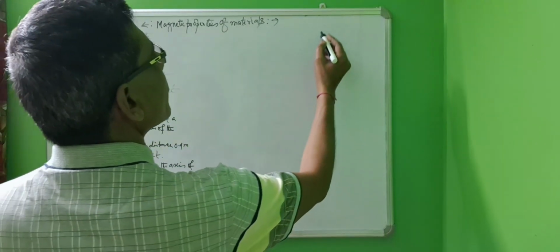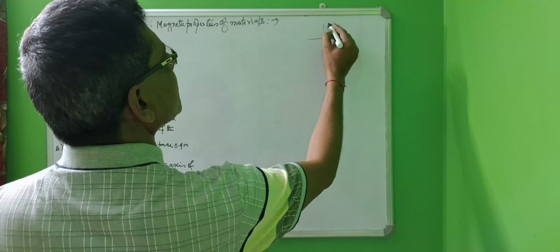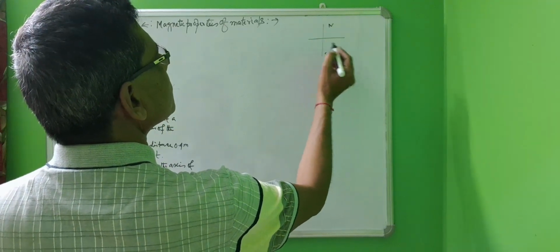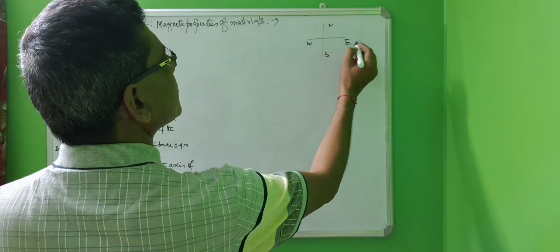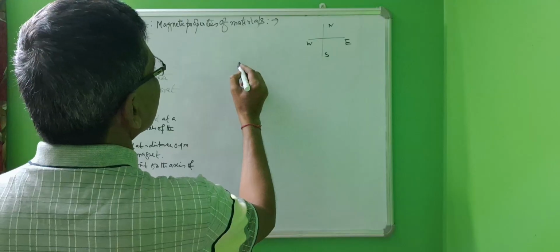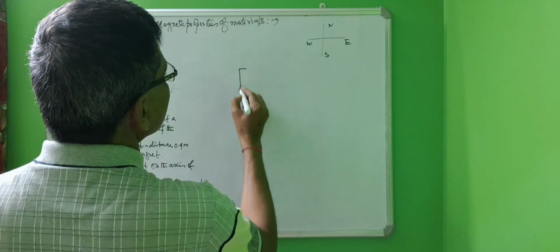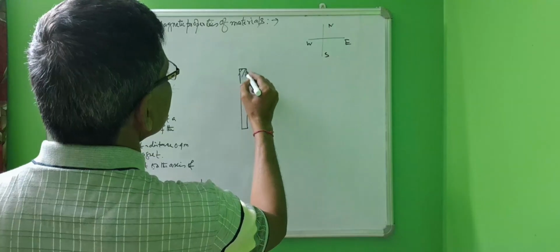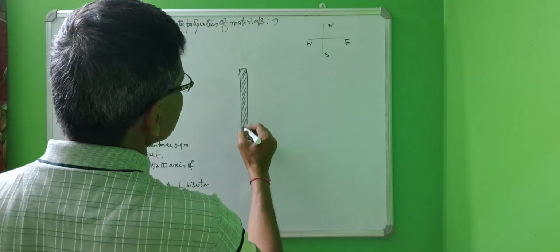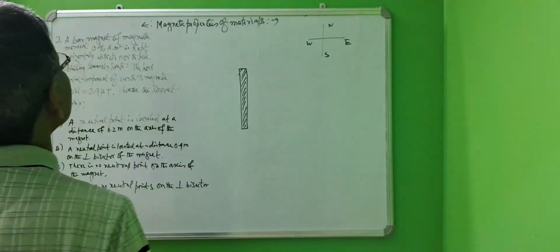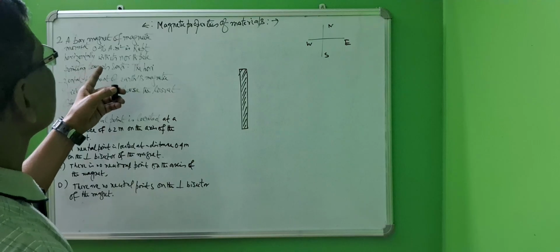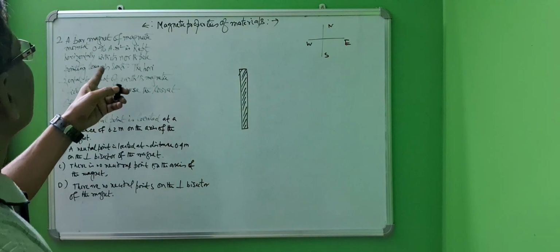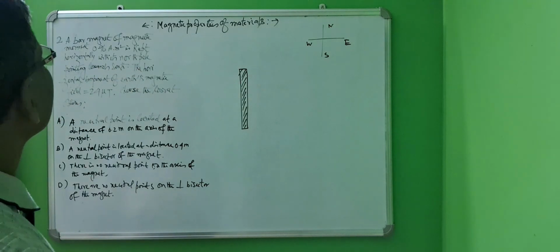We know this one is north, south, west, east. So suppose this is the bar magnet, kept horizontally with its north pole pointing south.